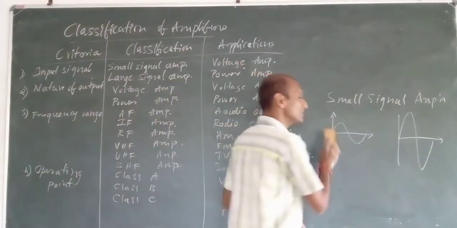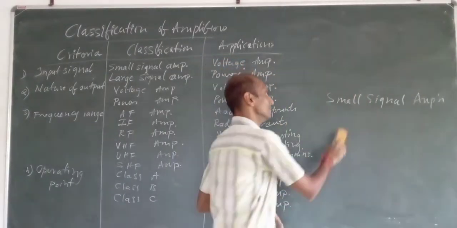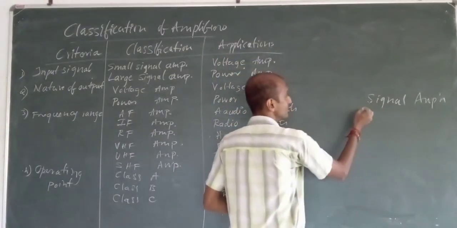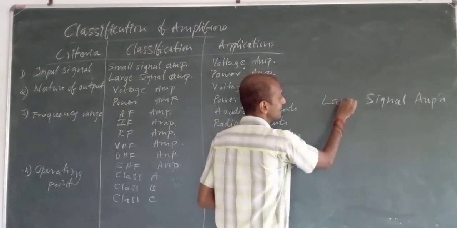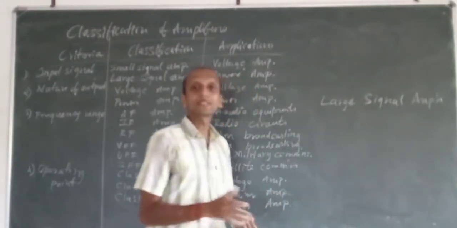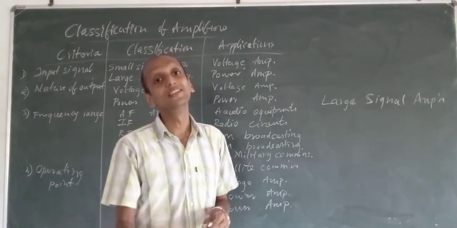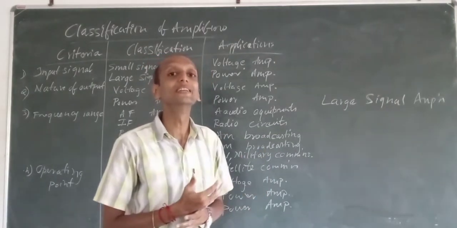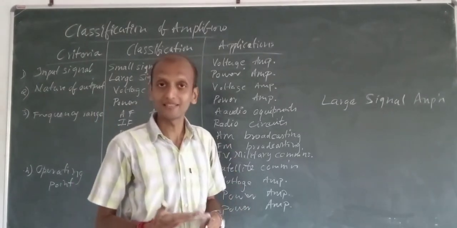Now for the same, I have another amplifier circuit wherein I have given some large signal. Large signal in the sense I have given a signal of moderate or large amplitude. I am giving a strong signal at the input, so that will give me a still stronger signal, isn't it?